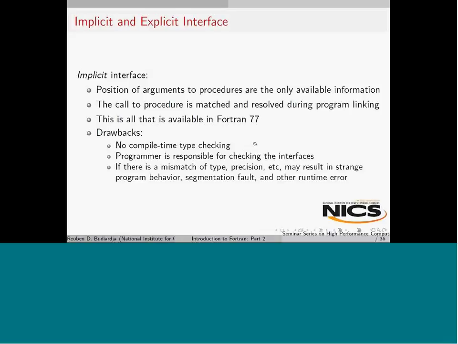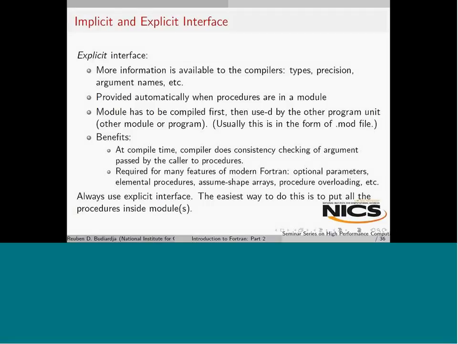In fact, that's one of the annoying things with MPI for Fortran binding. The latest MPI standard has a Fortran 2003 binding which fixes the implicit interface issue.